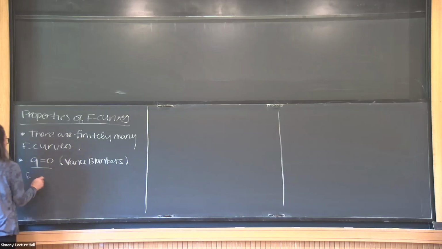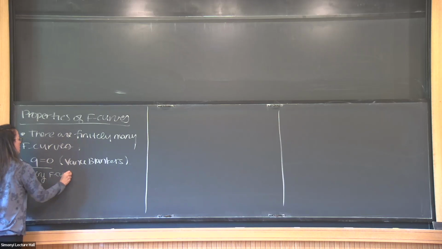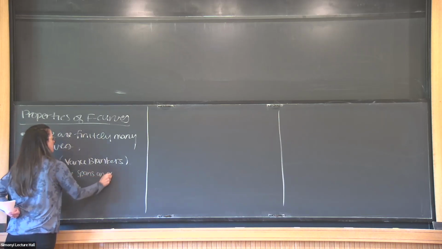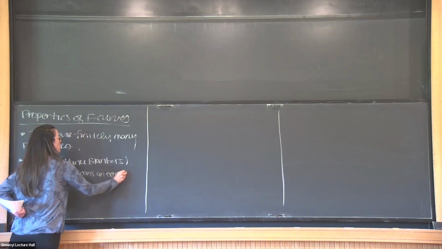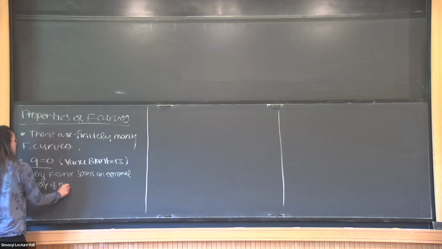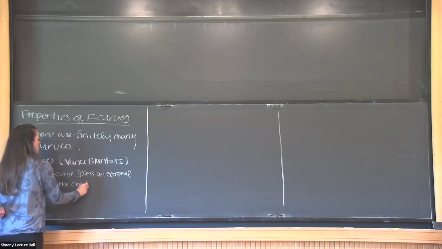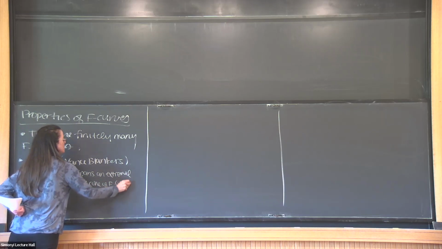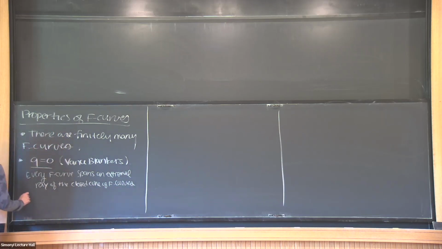So in genus 0, every F curve spans an extremal ray of the cone of F curves. I know I haven't really defined that, but I think you understand what I mean. And then the same thing is true in genus one.